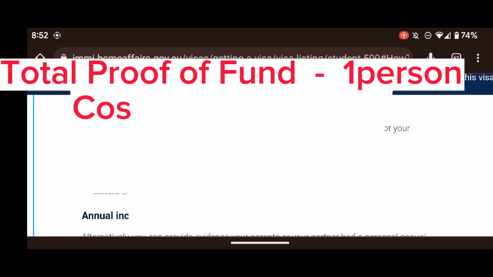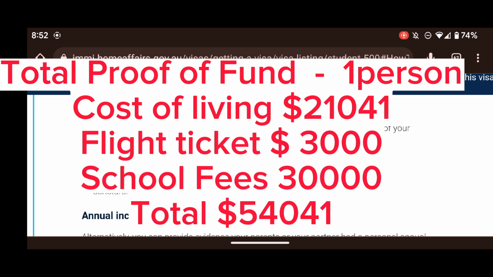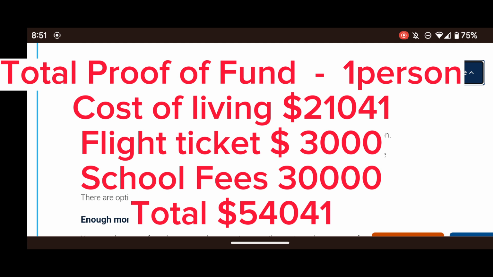In summary, the total money to show as proof of funds for one person comprises cost of living, flight tickets, and school fees. In this scenario, I'm assuming the school fees is 30,000 Australian dollars per year, so I have added it.